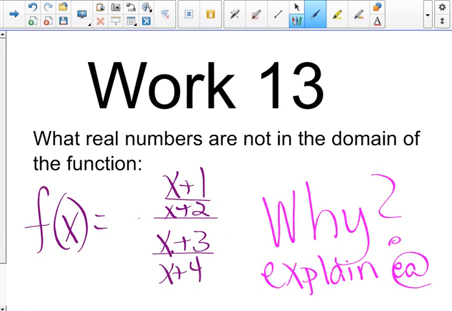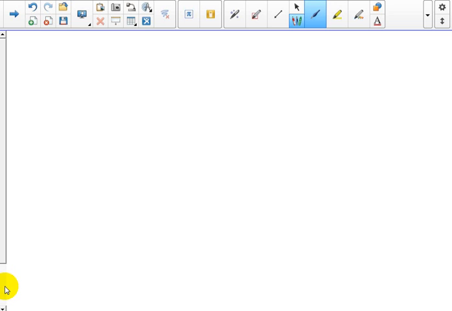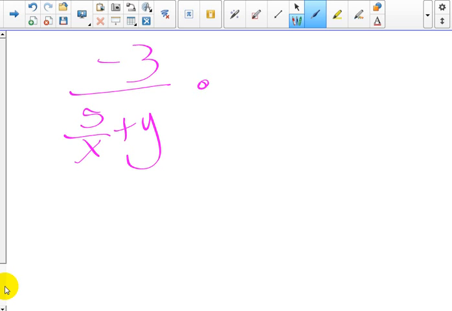Okay, so on number 11, we had negative 3 over 5 over x plus y. What are we going to multiply our numerator and denominator by? What's our only denominator in x? Okay, and so this is number 11 in your book. So then we get what?